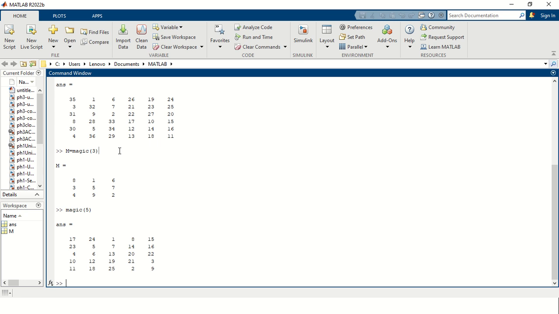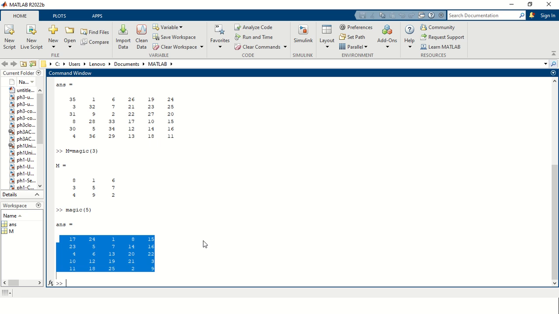That means the magic syntax will generate a square matrix with the elements from 1 to the square of that value. For example, I have taken 5 here, so it takes the values 1 to 25 and creates a square matrix.